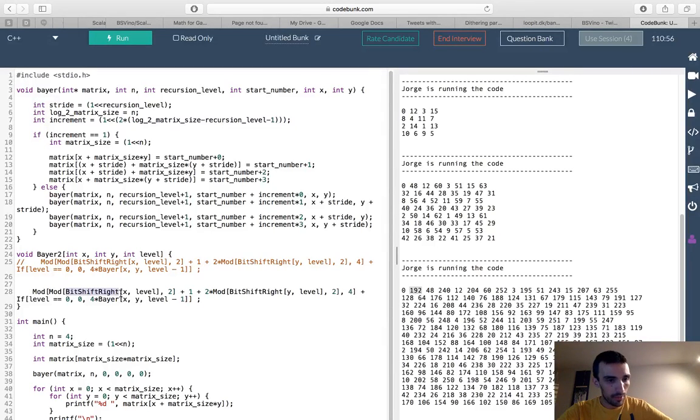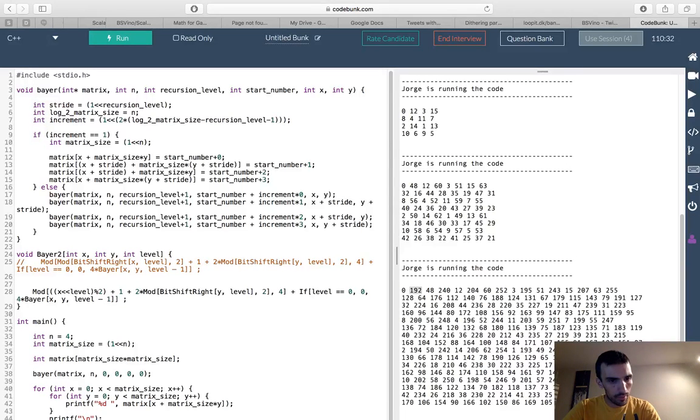So bit right shift. So that is, I hope that this is what it meant, bit right shift. And then mod that with 2. And then +1.